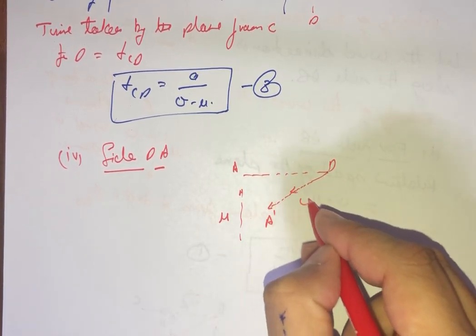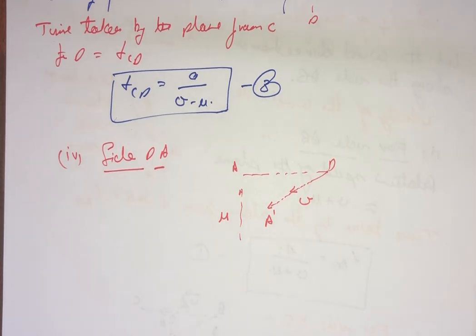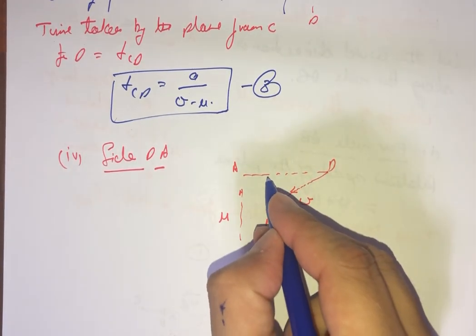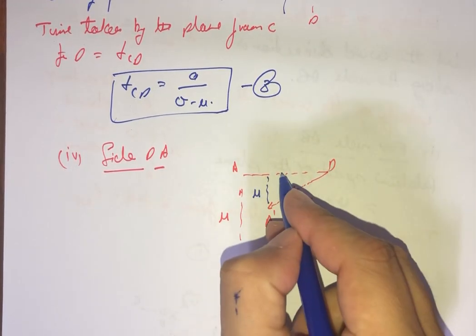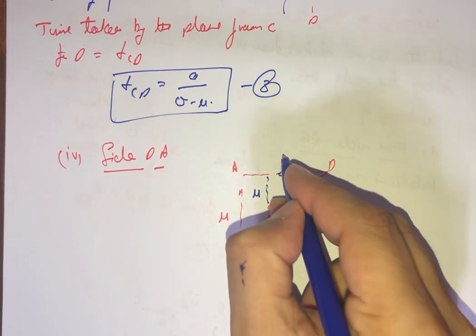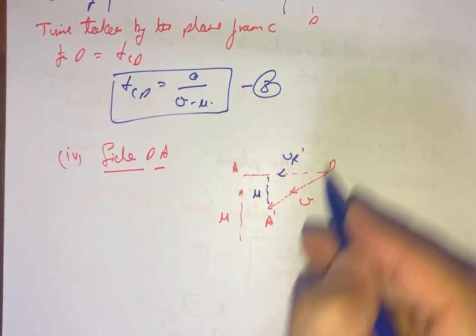So this will be V, and this will be our u, and we want, let us call this as VR prime.